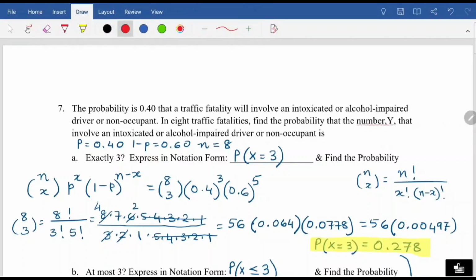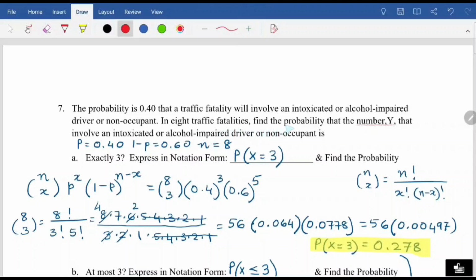All right, so let's read this question here. It says the probability is 0.40 that a traffic fatality will involve an intoxicated or alcohol impaired driver or non-occupant.